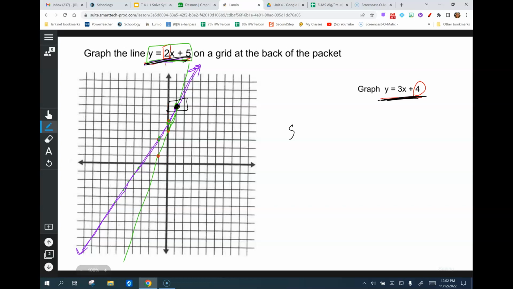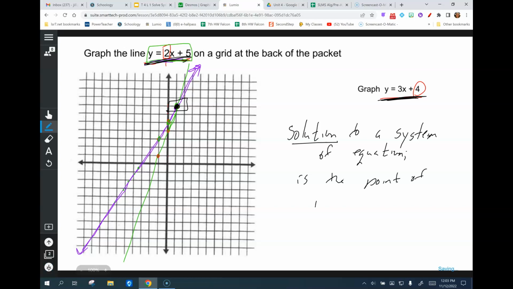So when we talk about a solution to a system of equations, the solution is the point of intersection of the lines.